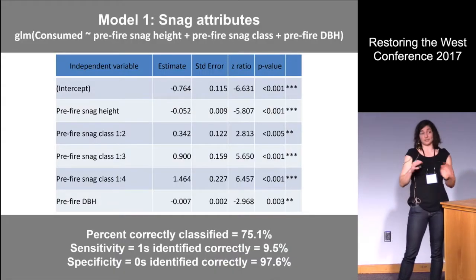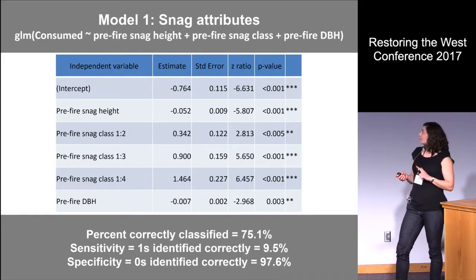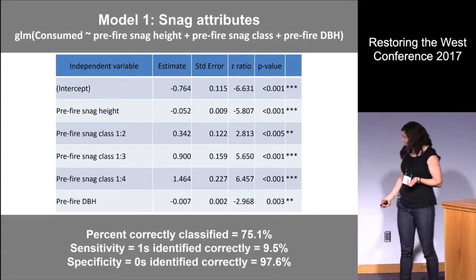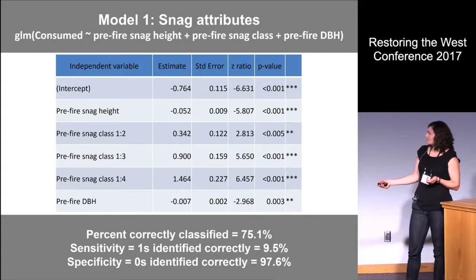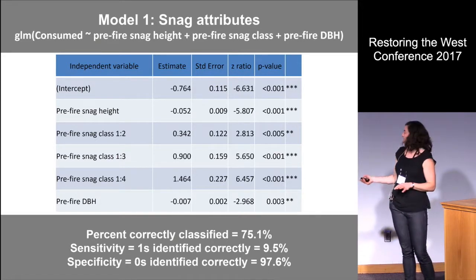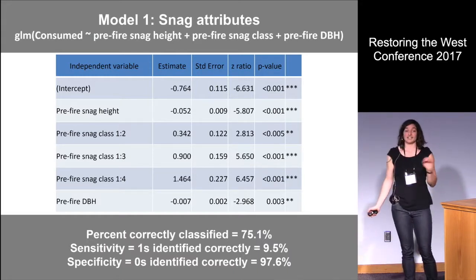And so for the result of the first model based on snag attributes, I found that height, snag class, and diameter were significant predictors. And cross-validation showed that a large percentage were correctly classified, but that the model was not very useful and did a poor job correctly identifying consumed snags.